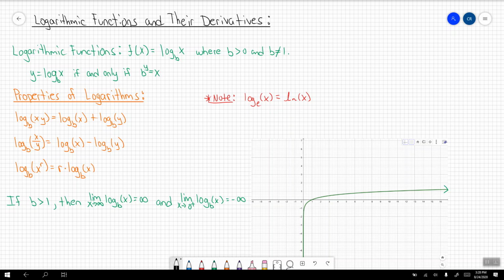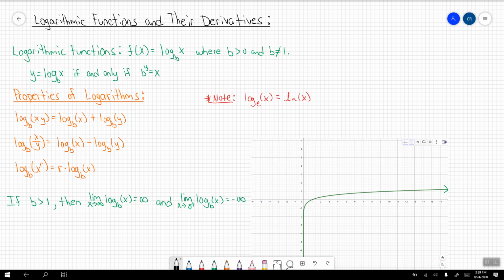Now, using the algebraic definition for logarithmic functions, we can define a function to be a logarithmic function so long as we take the logarithm with a certain base of some number which we'll call x. In this particular case, b needs to keep the exact same requirements that we had when we were talking about the exponential base.